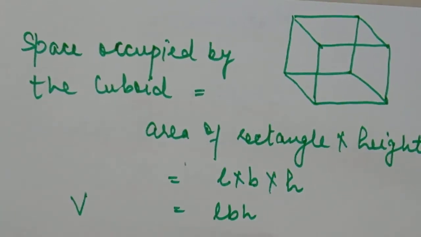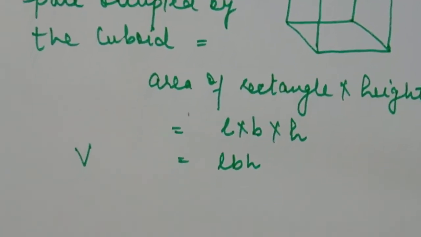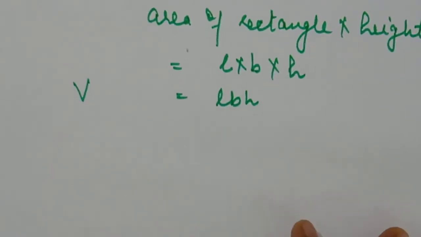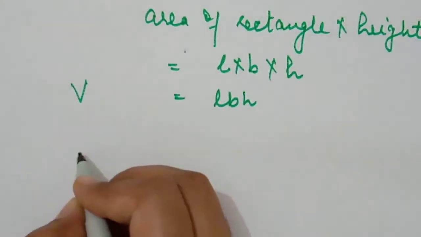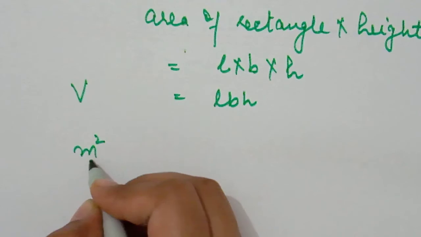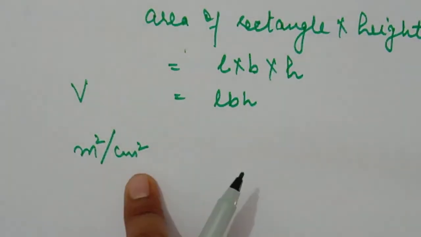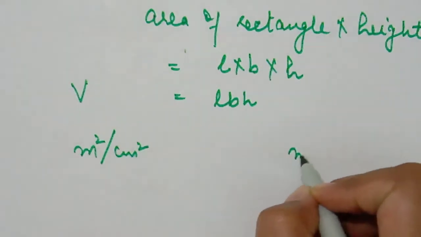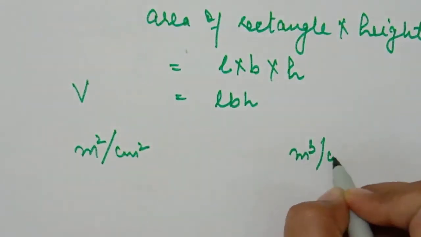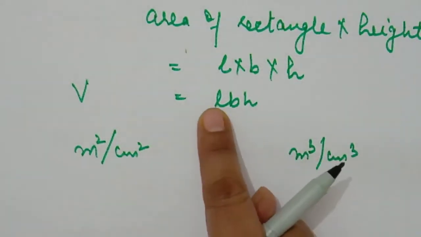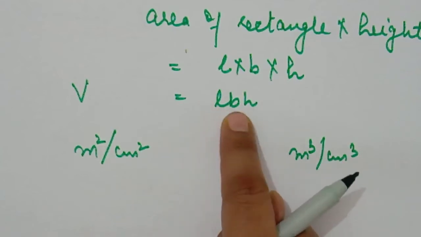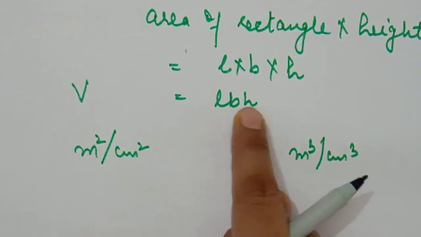Now one more important information, students. In the last 4 exercises we discussed surface area, and surface area is measured in meter square, centimeter square, that means square units. But when we are talking about the volume, it is measured in meter cube, centimeter cube, because 3 different measurements are present: 1, 2, 3. 1 meter this way, 1 meter this way, and 1 meter.